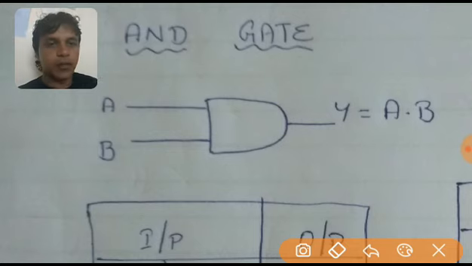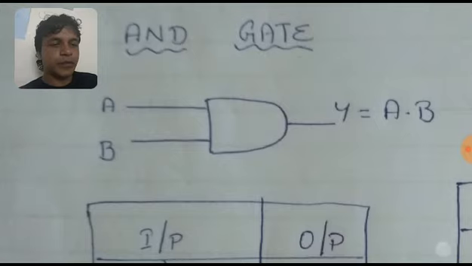A and B means when both the switches, A switch and B switch, are in on position, only then the bulb will glow. That is the meaning, and that is why we call it the AND gate. When the switches A and B are in on position, the output will be received.